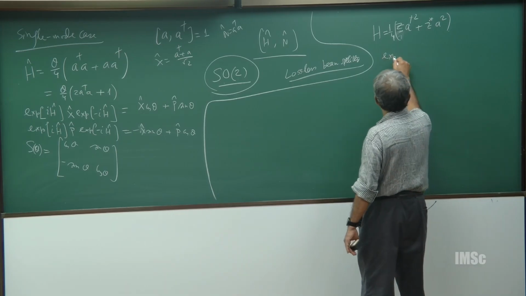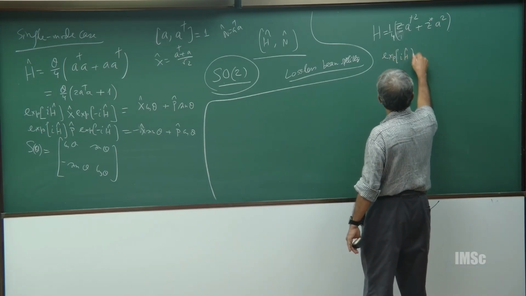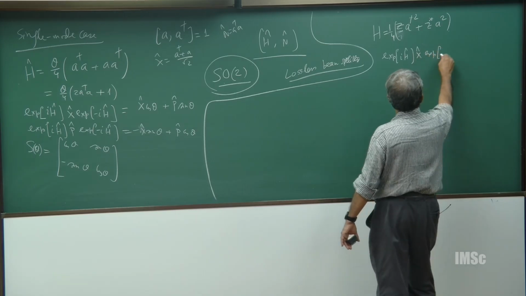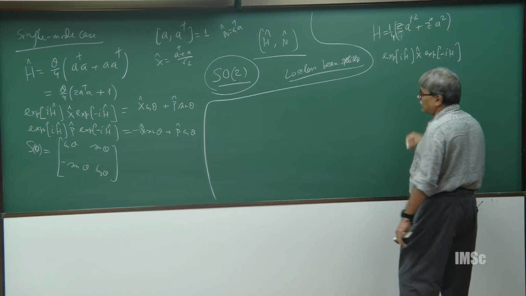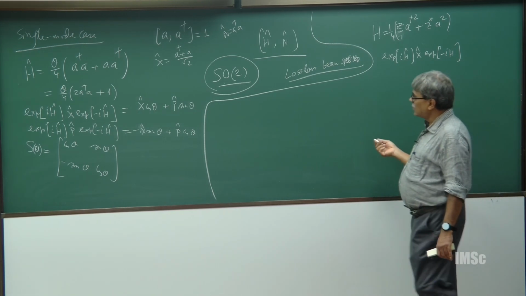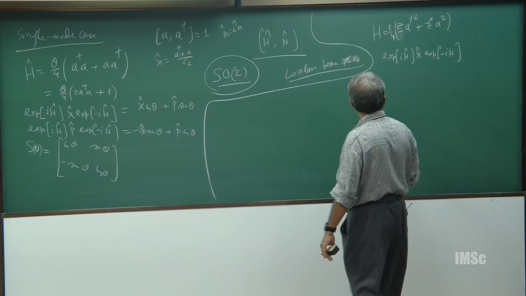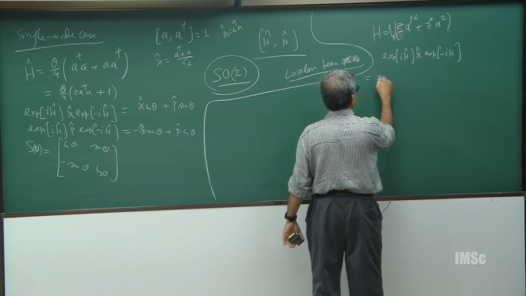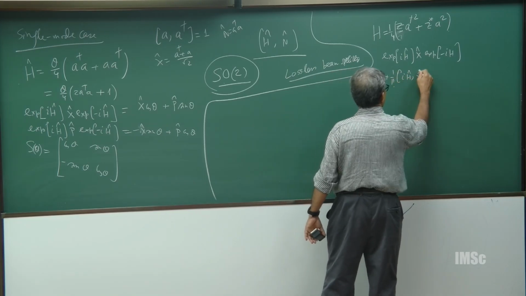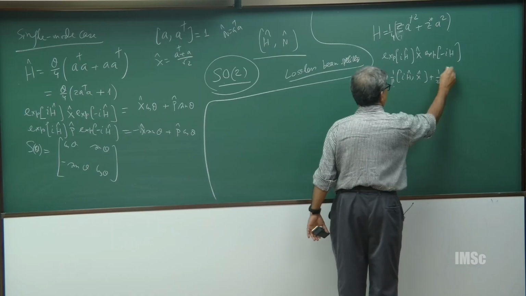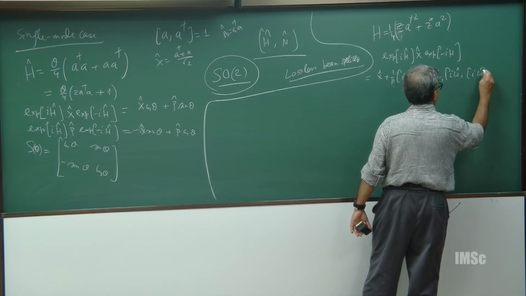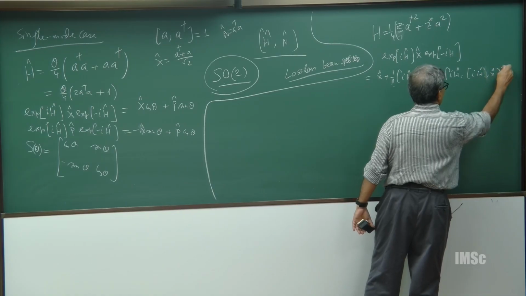Now you can do this thing: exponential of iota h x exponential of minus iota h. Using this formula, this will be x plus 1 by factorial 1 iota h comma x plus 1 by factorial 2 iota h comma iota h comma x, and so on and so forth.